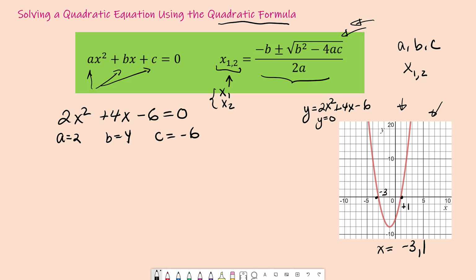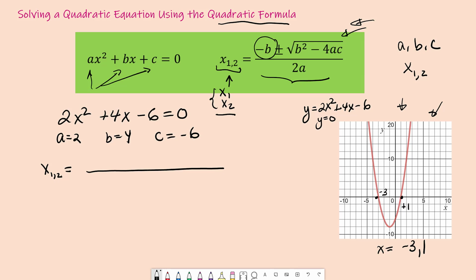And in order to find our two solutions, x1 and x2, we substitute in this formula. It's as simple as that. So how does that work? Well, let's just copy it. We have x1, 2 equals. Okay, we have a long fraction here. So the first term is negative b, right?